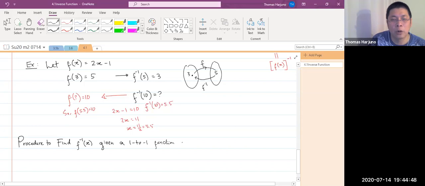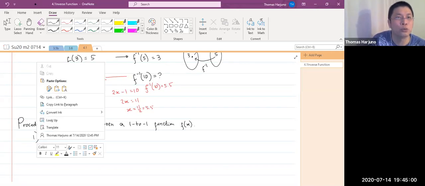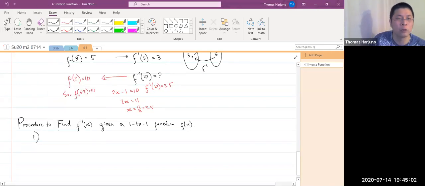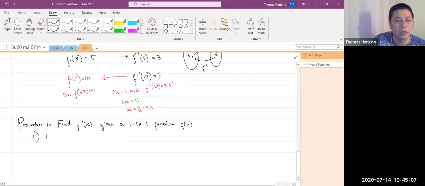So the starting point has to be a one-to-one function f(x). In your test, I need you to write it this way: 1, 2, 3, 4. There will be 4 steps. Step 1 is replace f(x) by y. That's the first step.